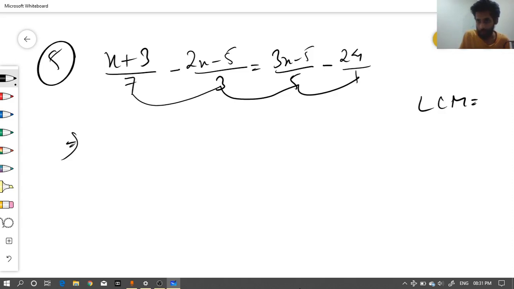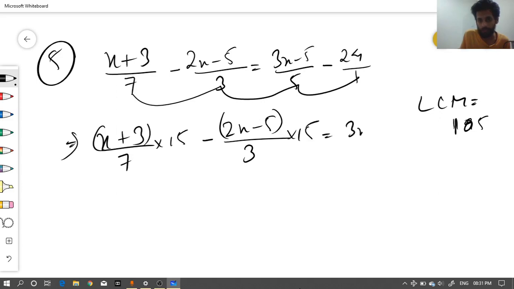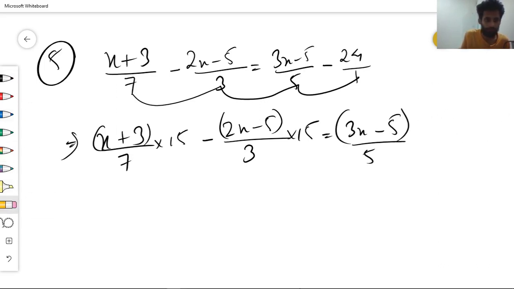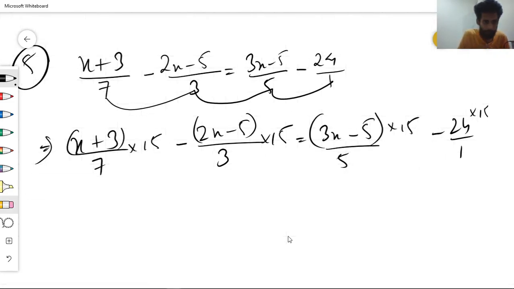The LCM will be 105. So we will multiply each of the terms with 105: (x plus 3) by 7 into 105, minus (2x minus 5) by 3 into 105, (3x minus 5) by 5 into 105, minus 24 by 1 into 105.